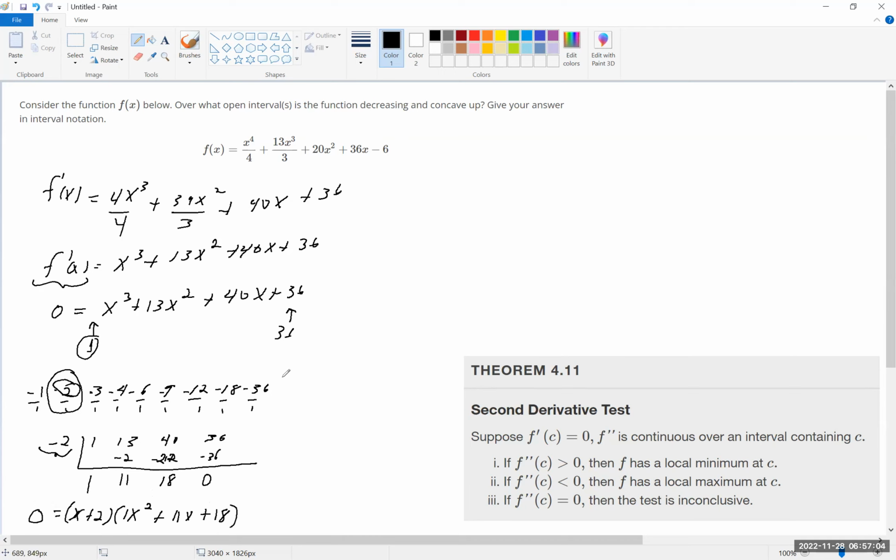And then this is a quadratic, so let's see if we can factor it. That's 18. 9 times 2 is 18.